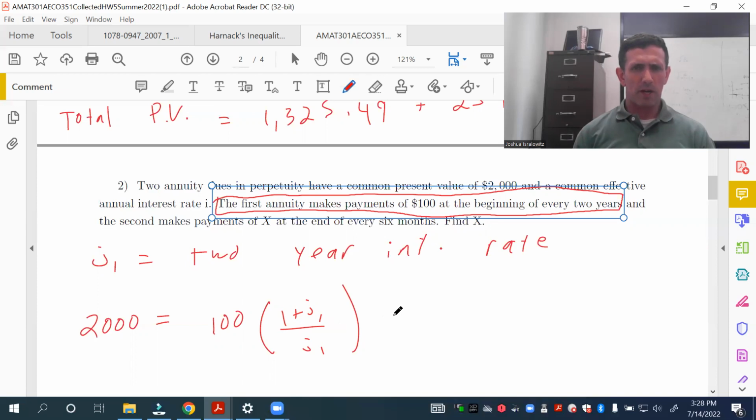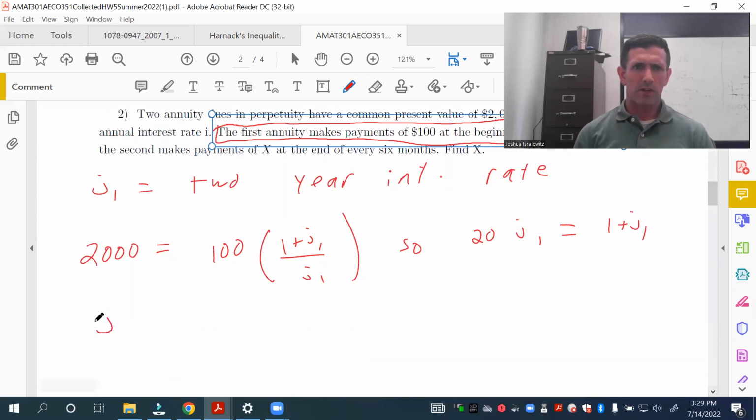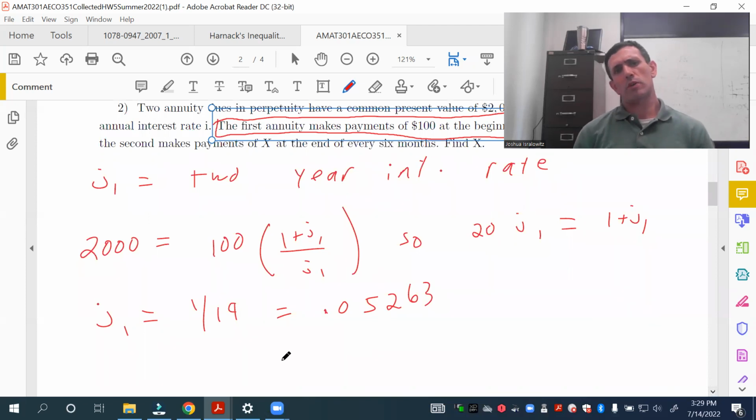So divide by 100, multiply by J1. You get 20 J1 equals 1 plus J1. So solve for J1: 1 over 19, which is 0.05263. Now, what a lot of people did is they really took 1 over 20.